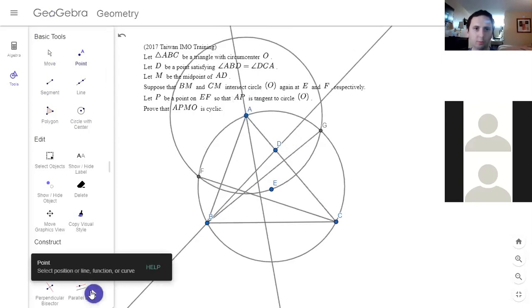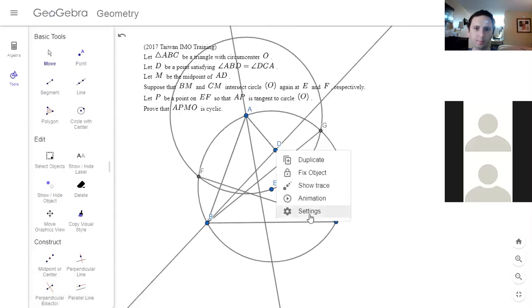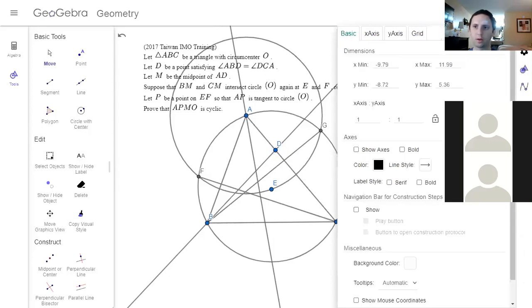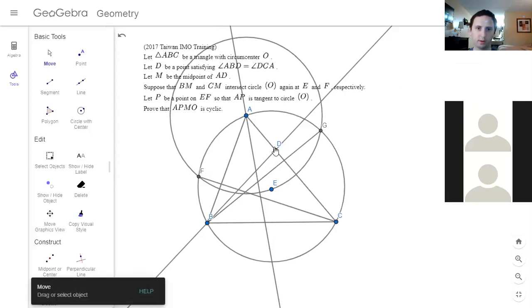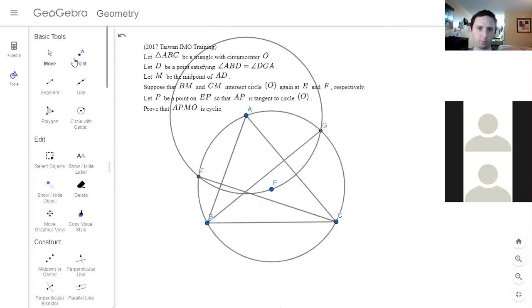So I'm going to rename this point right here. Oh yeah, I should delete this point actually, right? Hold on, just choose a point on the circumcircle of ABC. Okay, so let me just delete point D. And this point right here is the point D that we want.